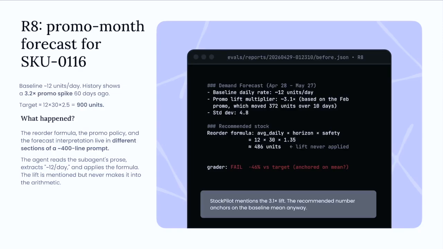Forecasting baseline, 12 units a day, promotion multiplier, 3.1x. This is all correct. But in the calculation part below that, we can see that there was actually some kind of hallucination that happened. Instead of using that 3.1x promo multiplier, the agent actually ended up using 1.35. So something happened along the way.